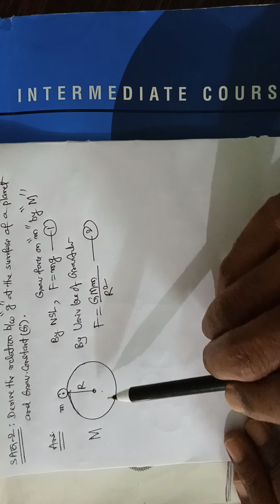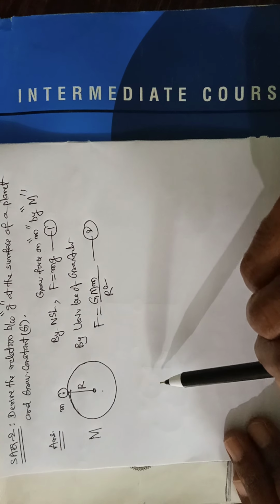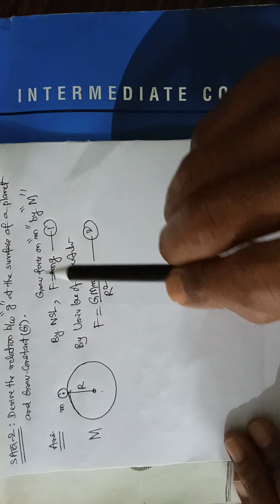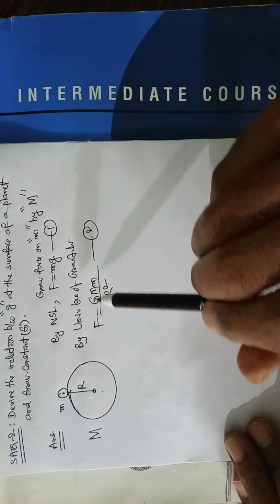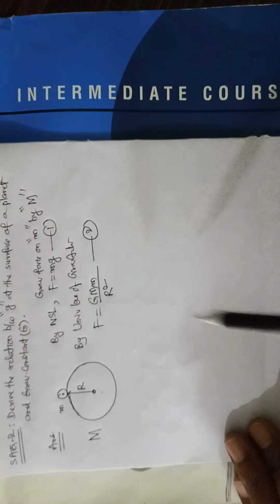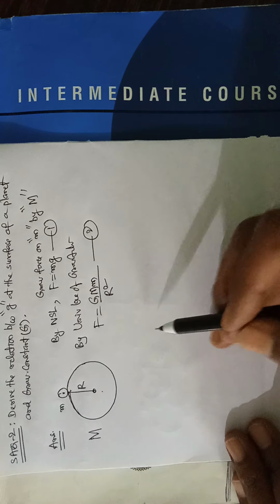Gravitational pull on this is mentioned in two ways. One way using Newton's second law, another way using Newton's universal law of gravitation. But both represent the same force.